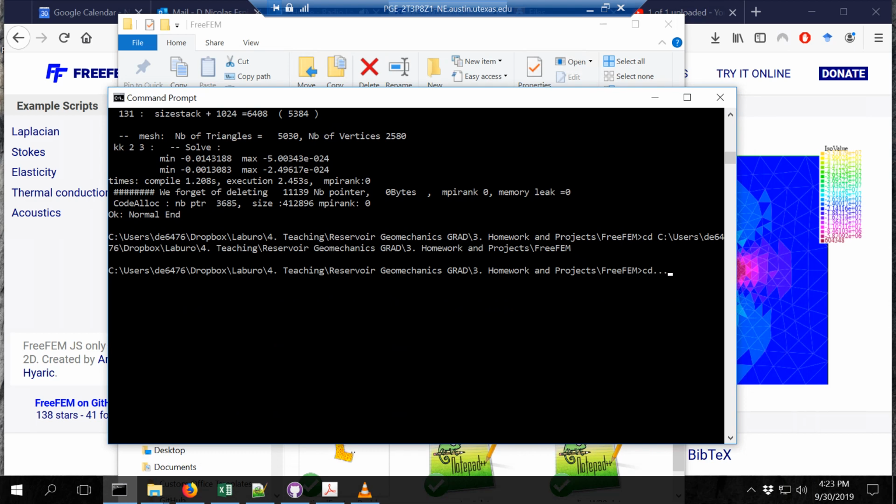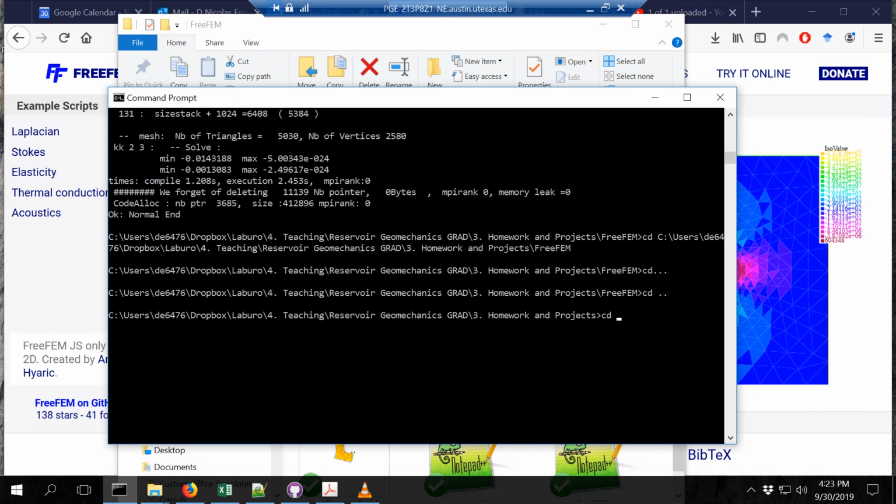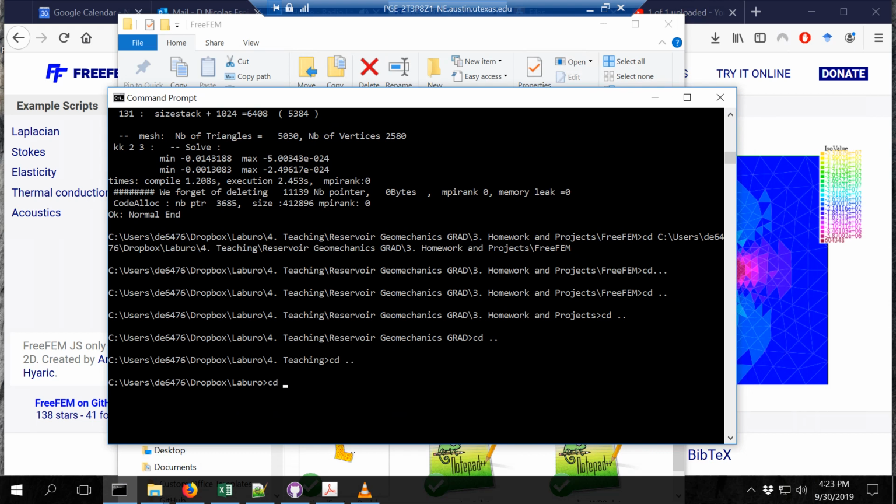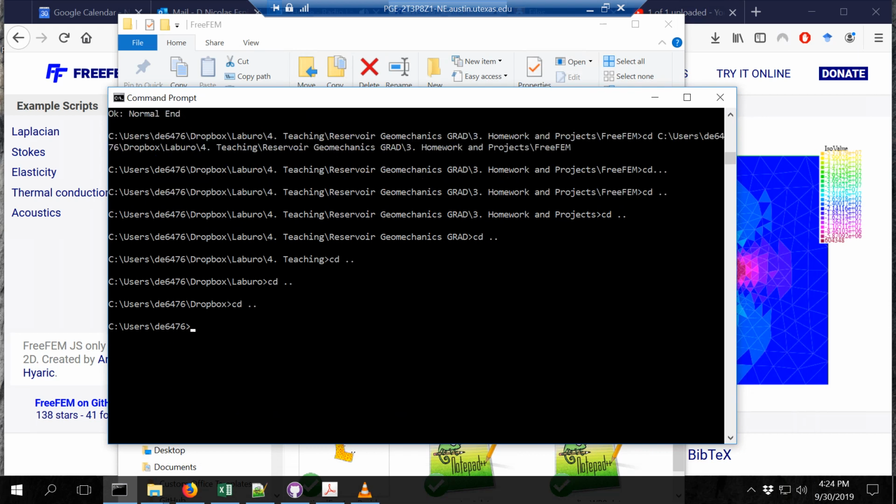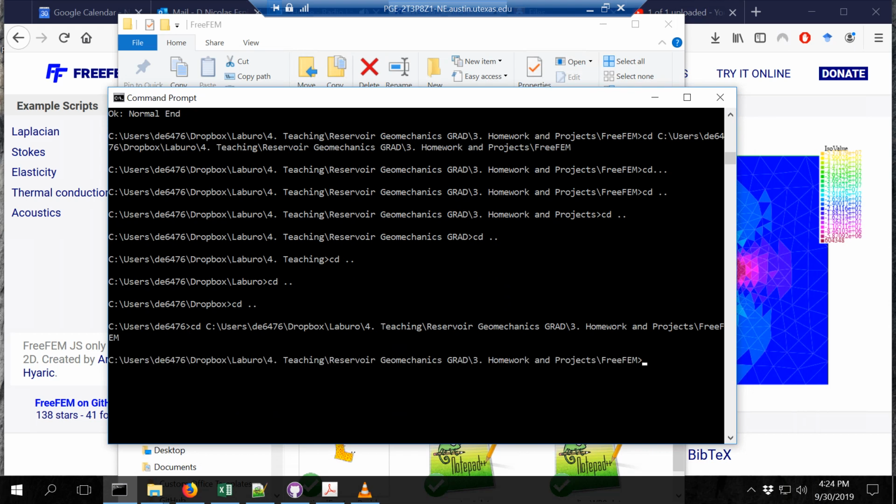But okay, let me get back. So if I were to be in my root folder, it will be something like this. And then you put CD, which stands for change directory. You paste the address, press enter, and you get to that directory.